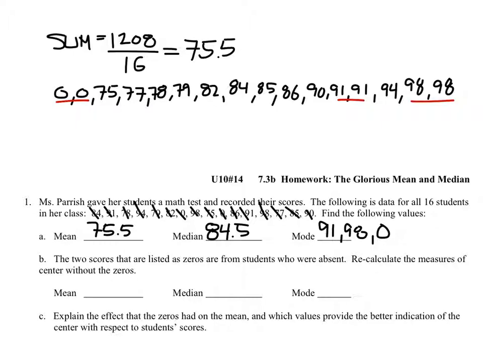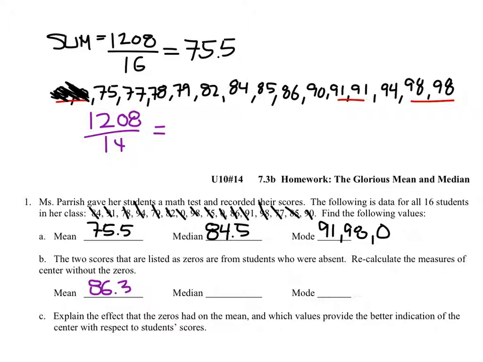The 2 scores that are listed as zeros are from students who were absent. Recalculate the measures of center without the zeros. Alright, so that just means we're going to get rid of these 2. Which, as it turns out, is not going to affect the sum. It's just going to change, instead of using 16 values, we're now going to use 1208 added together, but now it's 14 values.